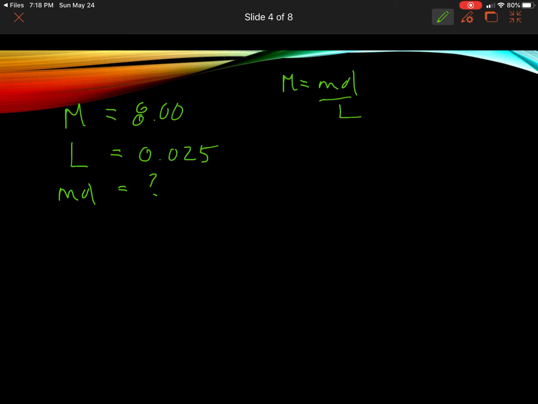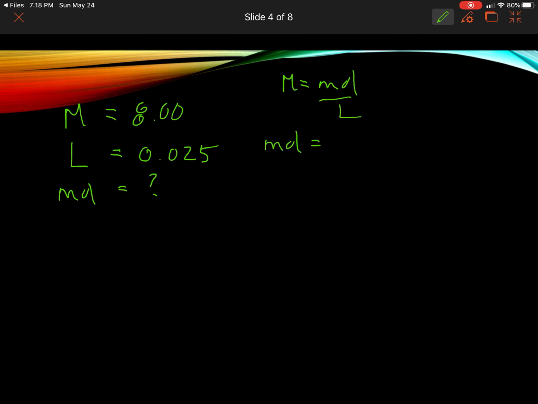Okay, so let's look at how this works mathematically. The molarity we know of the solution is 8.00. The volume, I said 25 milliliters, so I'm going to convert that to liters right away. And the moles is what you're looking for.